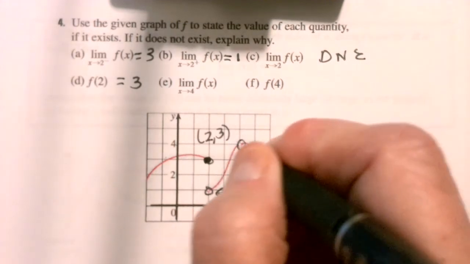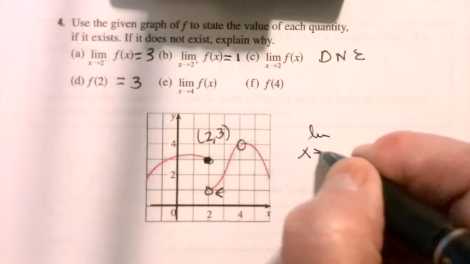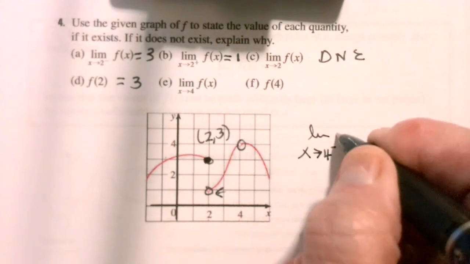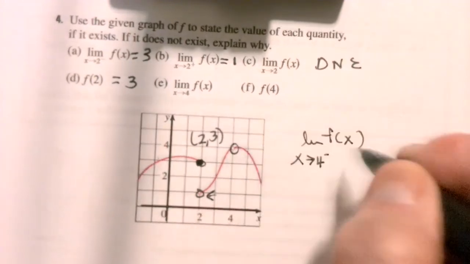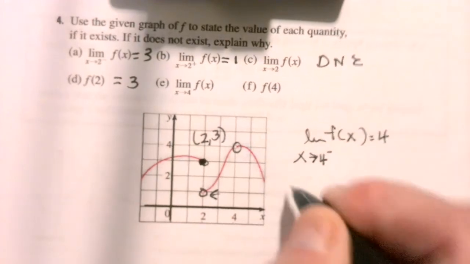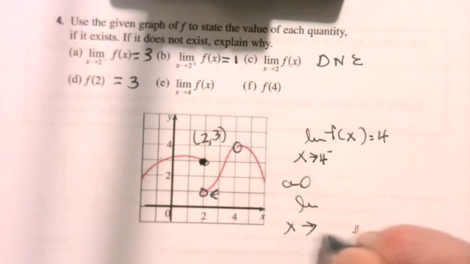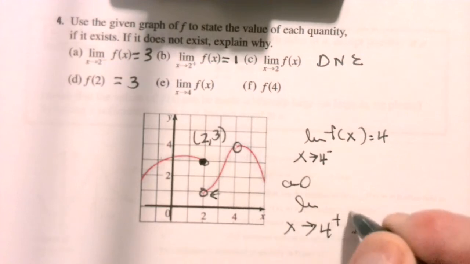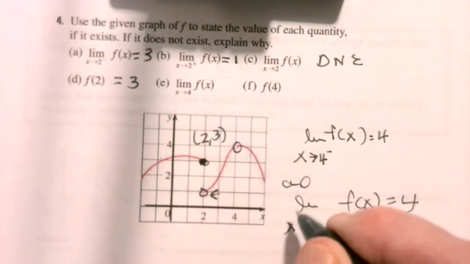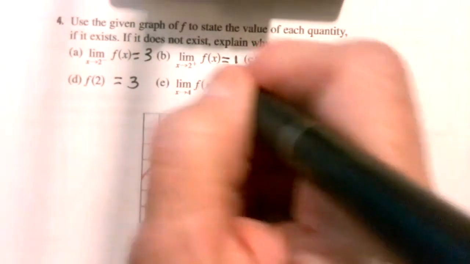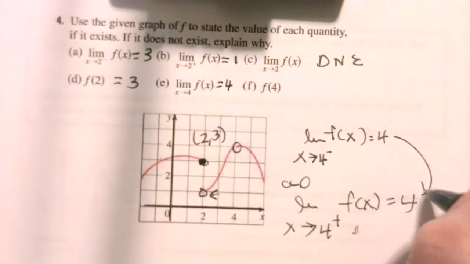But notice that the limit as x approaches 4 from the left is equal to this y value, which is 4, and the limit as x approaches 4 from the right is also 4. They're both coming into 4 there. So the general limit is that common value, because these are equal.